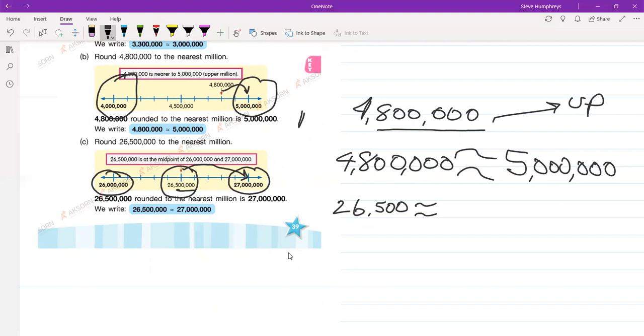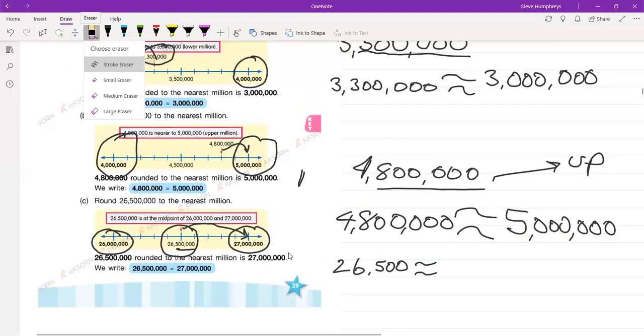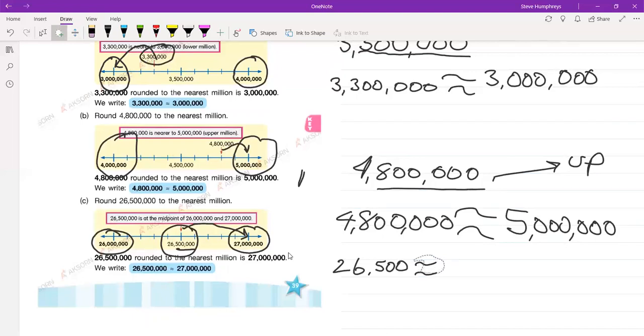We've got to erase that. Sorry, 20 is an 8-digit number.